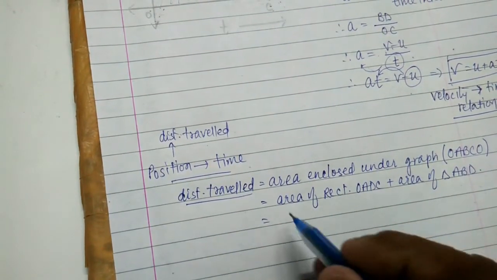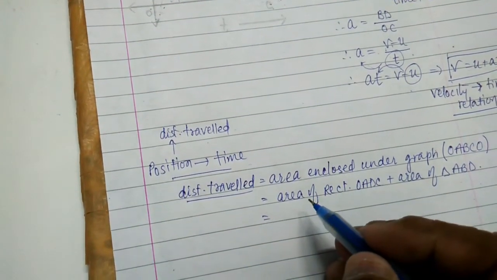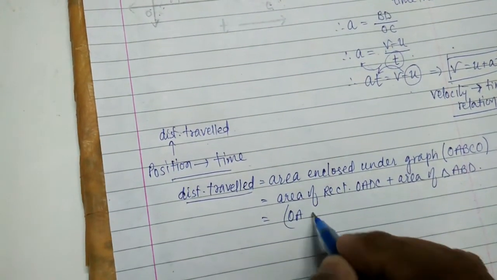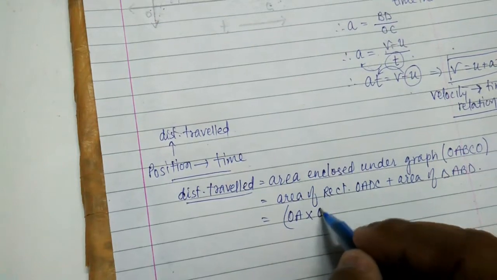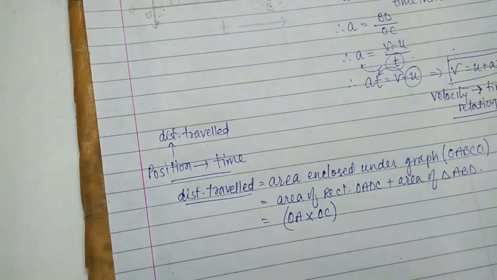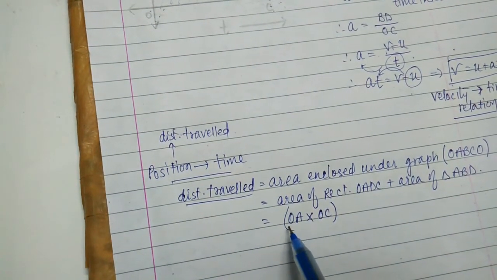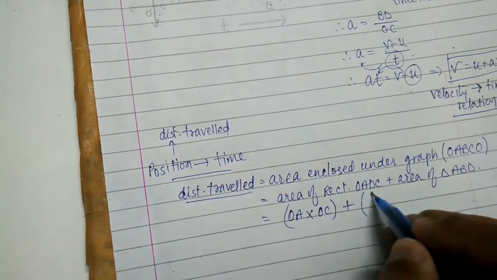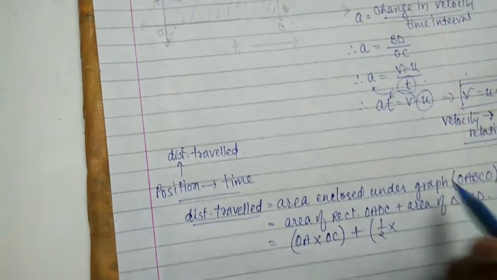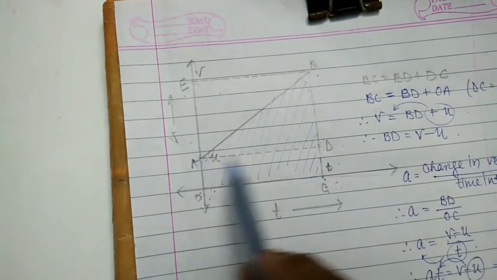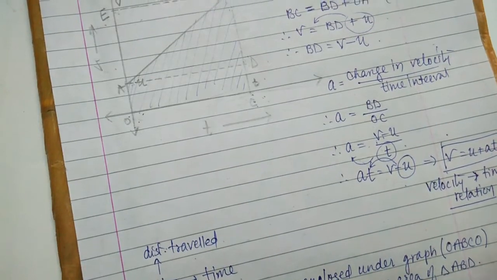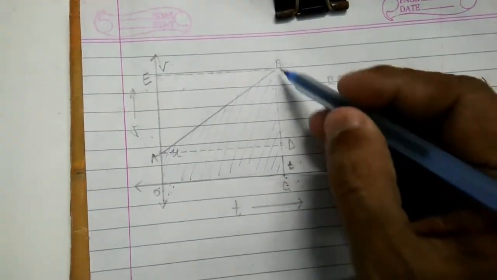Now area of rectangle, so OA into OC, length and breadth. OA means breadth and OC is length. Plus area of triangle, 1/2 base. Base means AD and height BD.